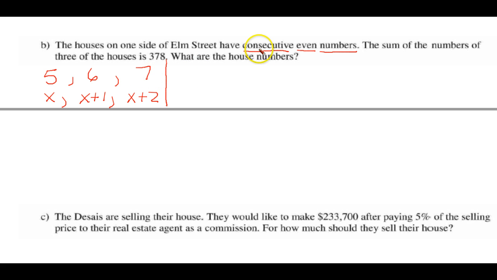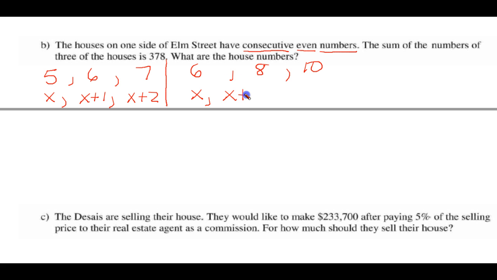Now we want to do consecutive even integers, and we're setting up a model. So let's say 6 is an even integer. The next one would be 8, and the next one would be 10. Now, if 6 is x, how do I write 8 in terms of x?